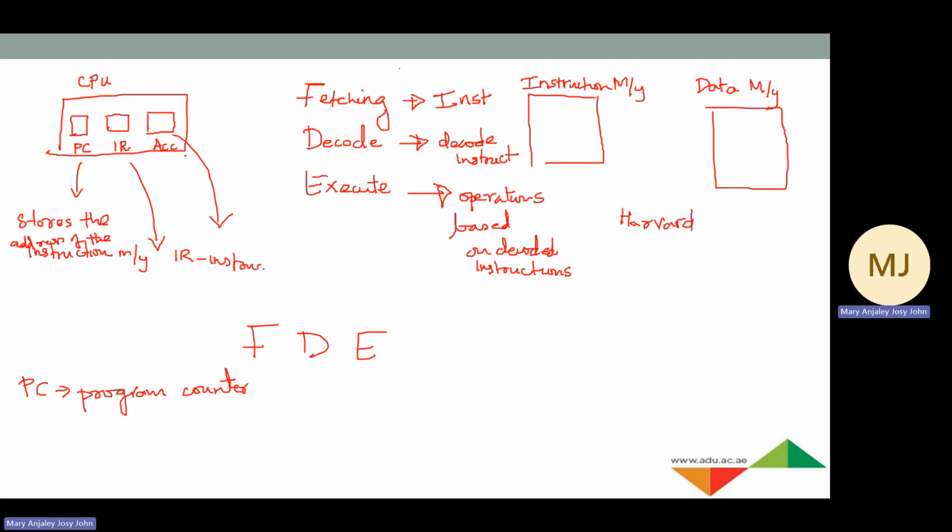The instruction register has the instruction fetched from the instruction memory. So just listen, it would be clear. If it's not clear, it would be soon made clear.